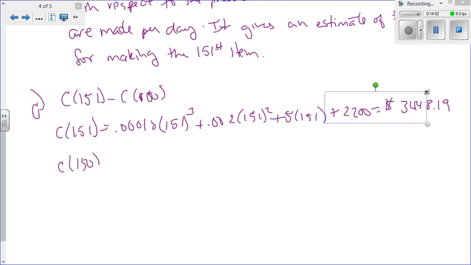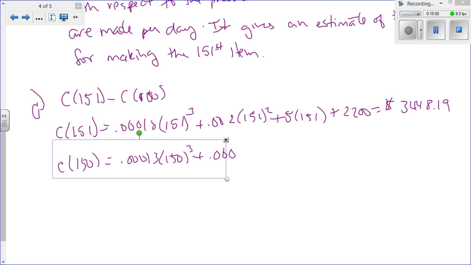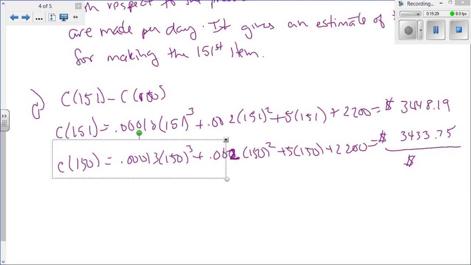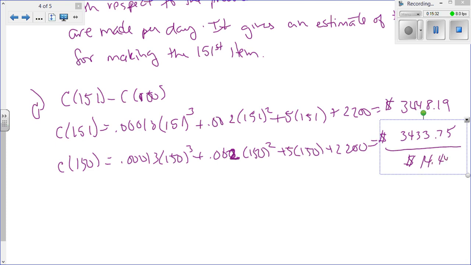C(150) is going to be 0.00013 times 150 cubed plus 0.002 times 150 squared plus 5 times 150 plus 2,200. And when I put that into the calculator, I would get $3,433.75. I need to subtract those two. And when I do that, I'll get $14.44.